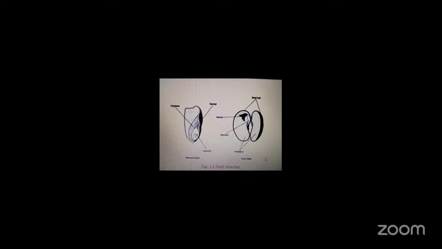So what is caryopsis? A single-seeded fruit with the fruit wall and seed wall fused together is called a caryopsis. Example, wheat and sorghum.